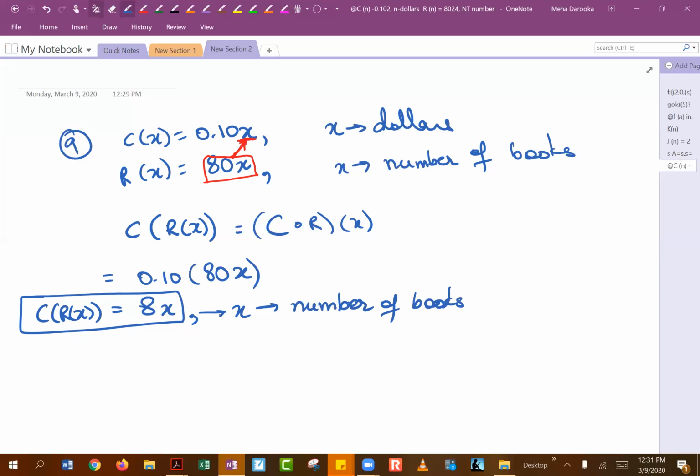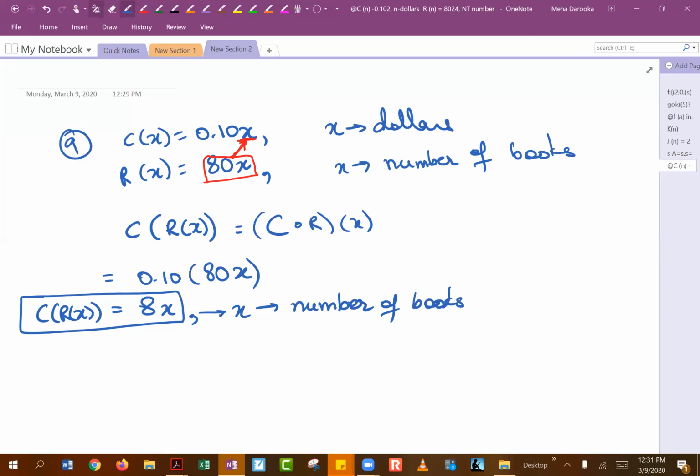Now if we told you that we sold 100 books, what's the revenue? Just the revenue. What did they make if they sold 100 books? 8,000.